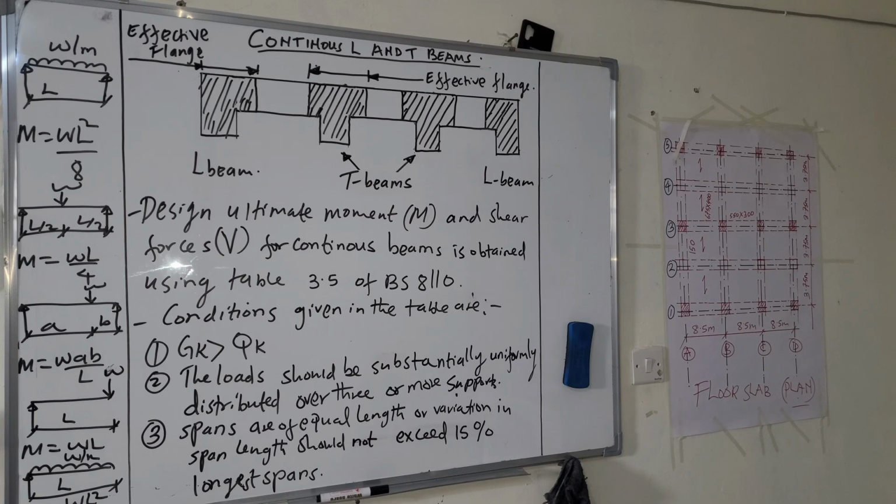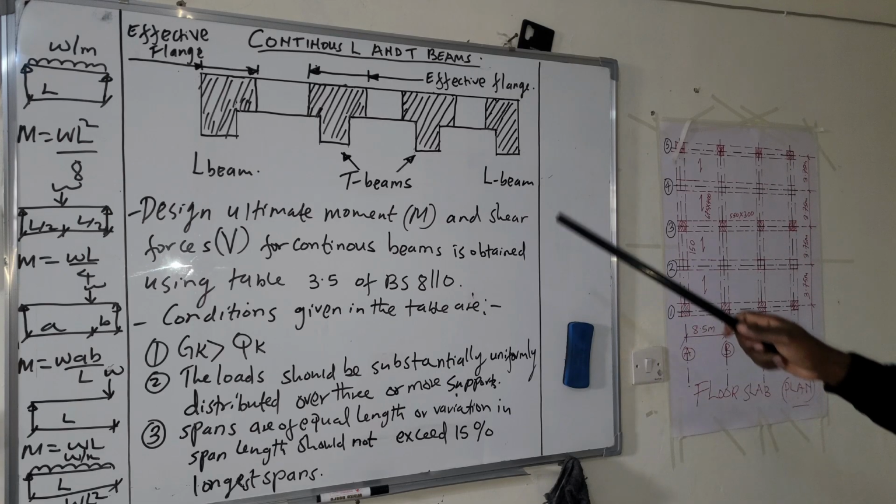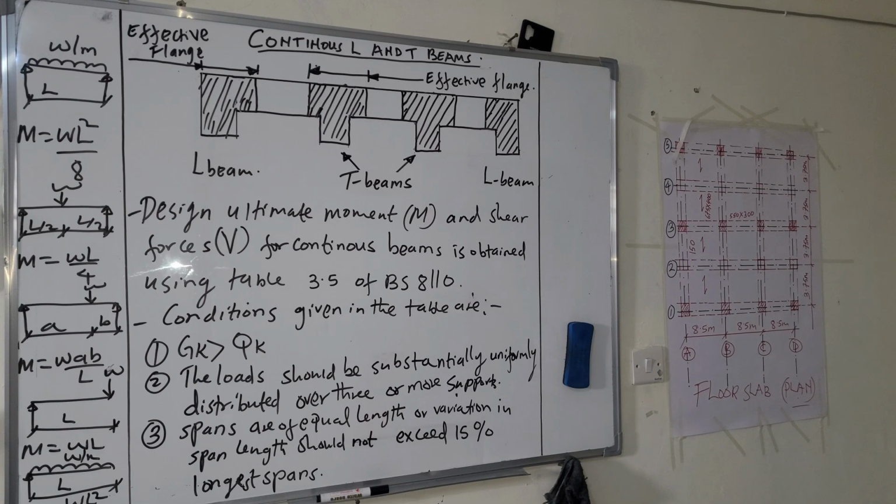For example, if you look on the far end, this is a floor plan. I will use this floor plan to explain continuous L and T beam, and then we'll tackle examples using it. I will maintain it until we finish continuous L and T beam.